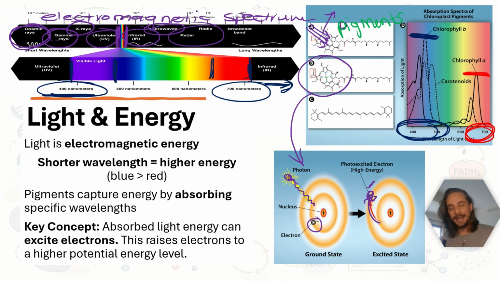It's usually in an energy state close to the nucleus, but when light hits it and it absorbs that energy from light, this electron moves up an energy level, so it becomes excited.